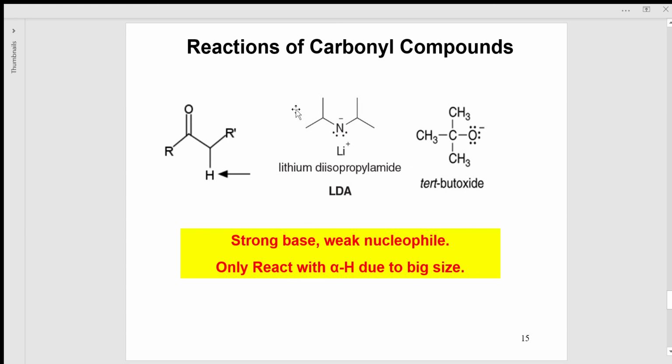They are very bulky. It's hard for them to attack the carbon in the center, in the cage. But this hydrogen is on the surface of the organic molecule. So they are strong bases. They prefer to react with this hydrogen to form an enolate, and then the enolate serves as a strong nucleophile to react with the other reagent.